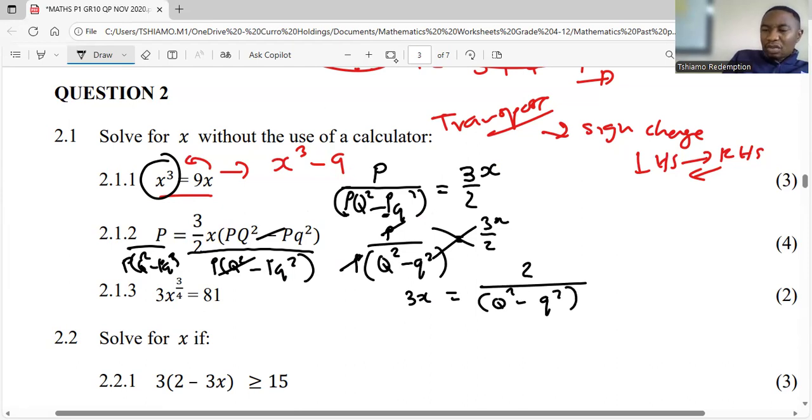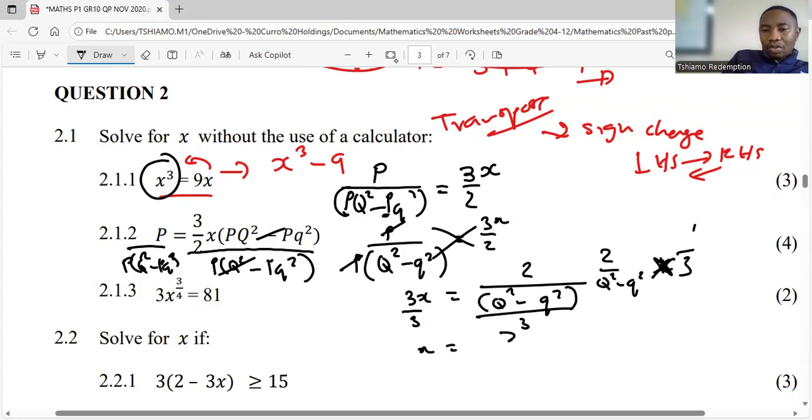I can do difference of two squares here, but it won't really help with anything. So what does this mean? I have 2 over q squared minus q squared, divided by 3. And then if we divide by 3, remember we change this to times, and then we flip the fraction.